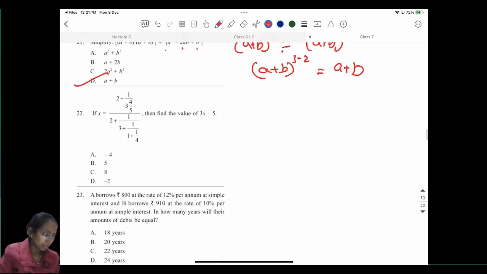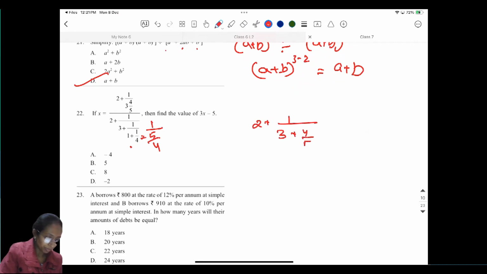Now 22nd: x is this, then find the value of 3x minus 5. For such questions, we need to simplify the numerator as well as the denominator. In the denominator, we will start from the base. So this number is equal to 5 by 4, and when 1 is above it, we need to take the reciprocal of this number. That means this will be 2 plus 1 upon 3 plus 4 by 5.